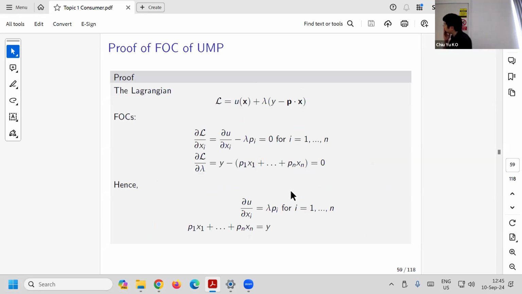Okay, now I go to the Lagrangian problem. If you learned maximization subject to an equality constraint, the standard thing you learn is the Lagrangian. This is college-level entry calculus. The standard way is to write the Lagrangian with the multiplier and the linear constraint.